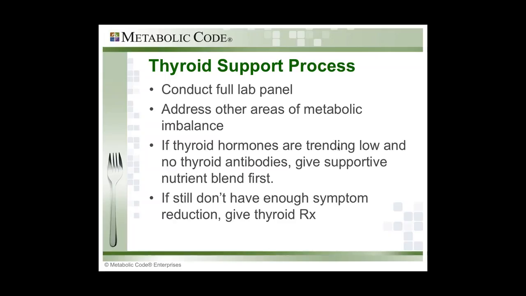If we can get the body to make its own thyroid, that's always the best choice. And if after supplying all of those important nutrients for a few months we don't see enough symptomatic reduction and we don't see those labs improve quite enough, then we will go to giving the thyroid prescription.